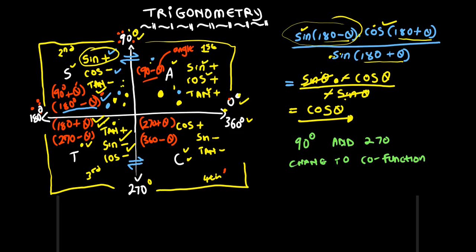What does this mean? This means that if we have cos of 90 or 270, it will change to sine of that angle. Cos theta will change to sine theta, and also sine theta will change to cos of theta.